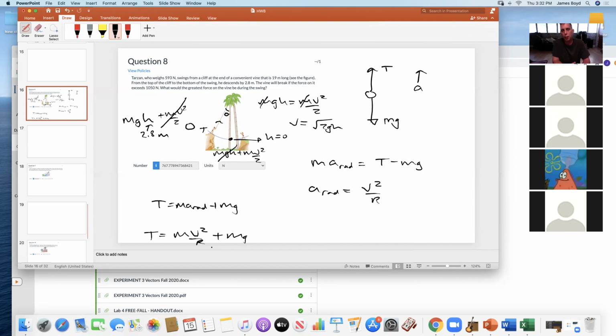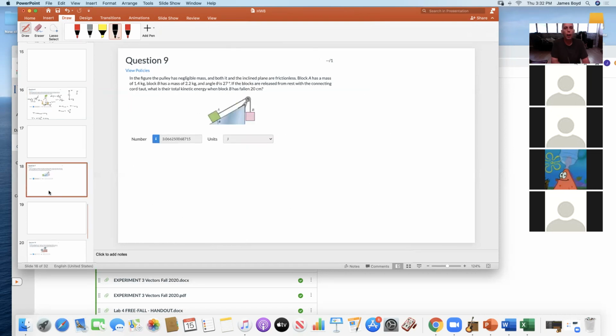So this is an energy problem. This is kind of a lot like the ballistic pendulum problem without the momentum part of it. All you have to do on this one is note that initially height A is 0.